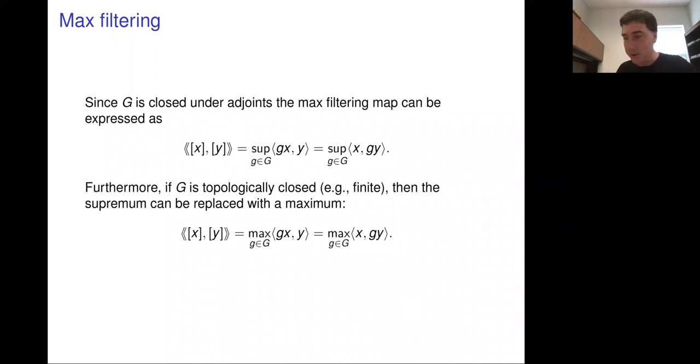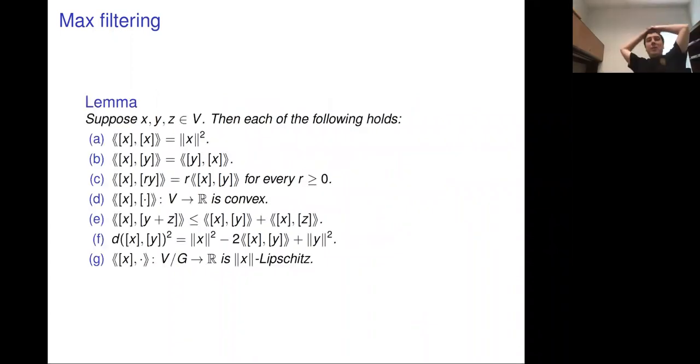This last line is what I have in my head whenever I think about max filtering. We had to make up this symbol of the double wrangle in LaTeX. So how often do you get to do that?